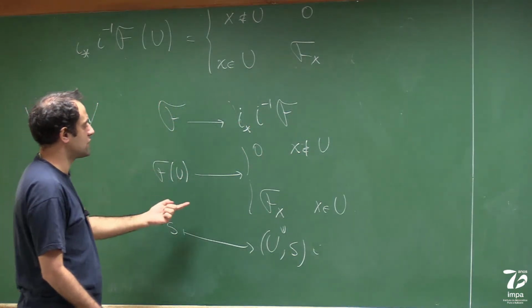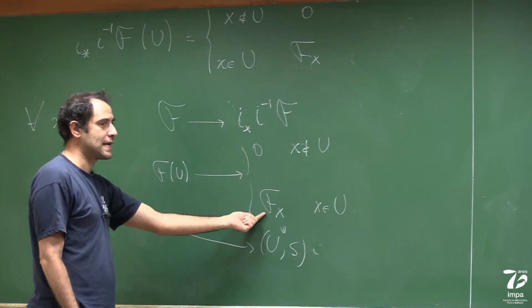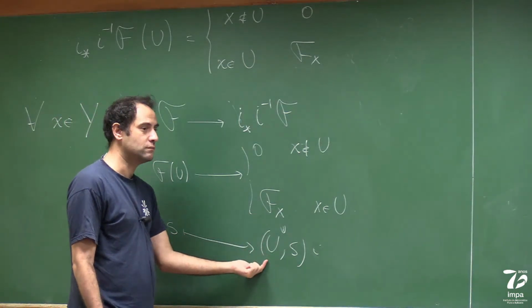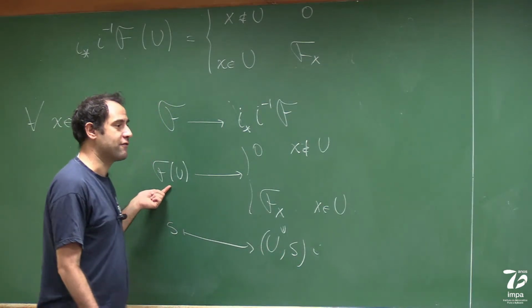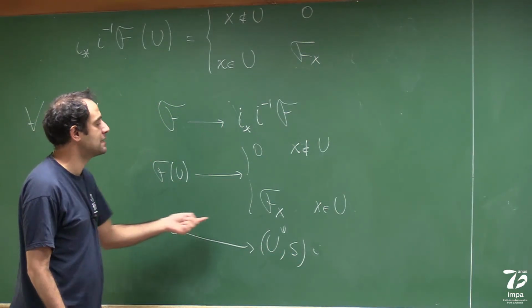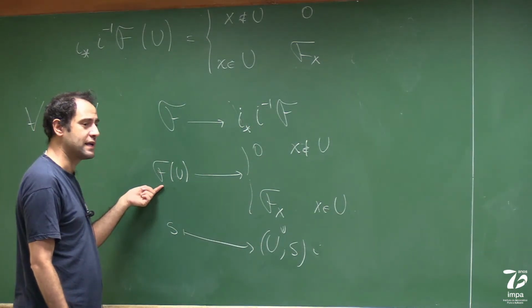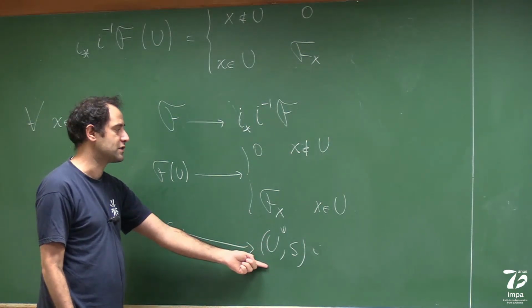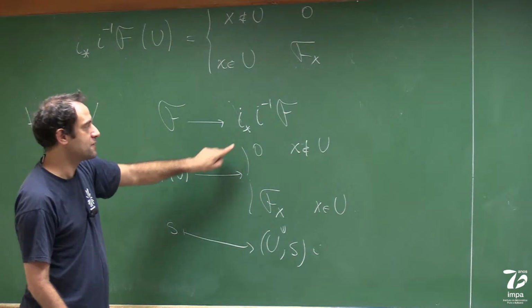And it means it's just an element of the stalk at X. And for any such section, there exists one representative, that means one open U and a section on that open for the sheaf F. That's a representative. Just extend this to any open covering. It doesn't matter where it is. And you have a local section that maps to the section that you're interested in. So this is a surjective map of sheaves.